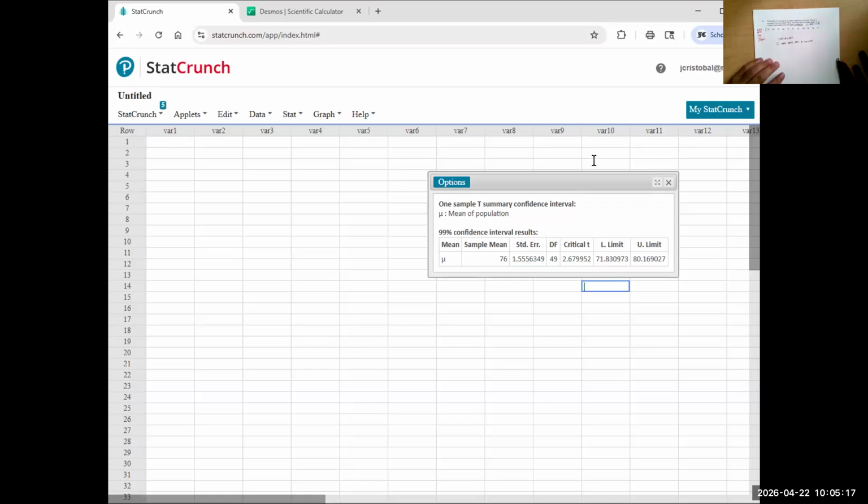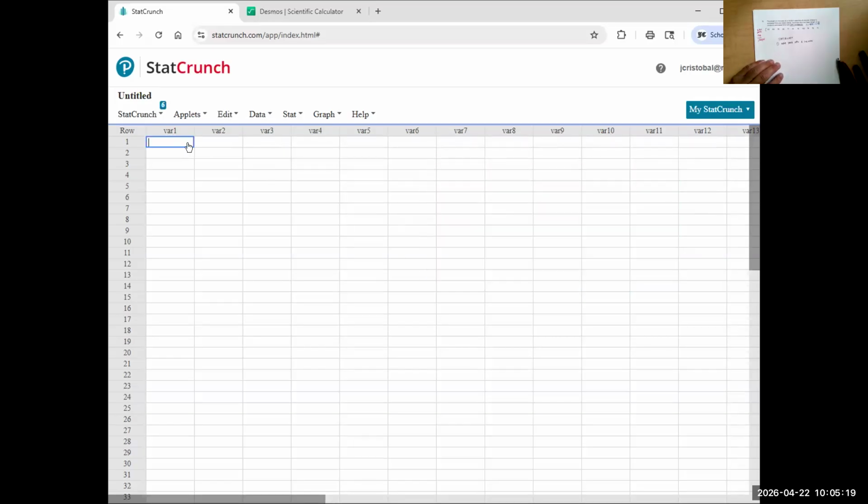So on our StatCrunch over here, whatever column you want to use, I can start to type in 93 minutes, 83 minutes, 76, 90, 92, make sure I type that right. 77, 81, 78, 100, 78, 76, and then 75. So there's 1, 2, 3, 4, 5, 6, 7, 8, 9, 10, 11. 11 data values there.